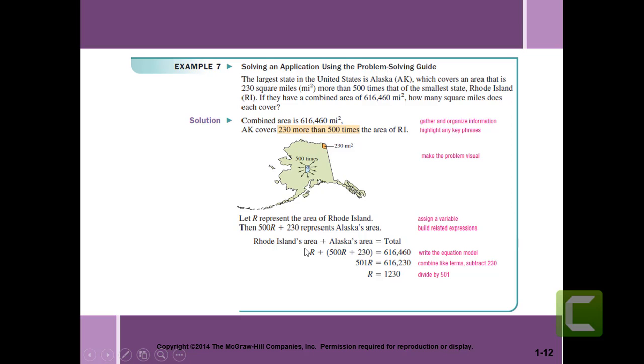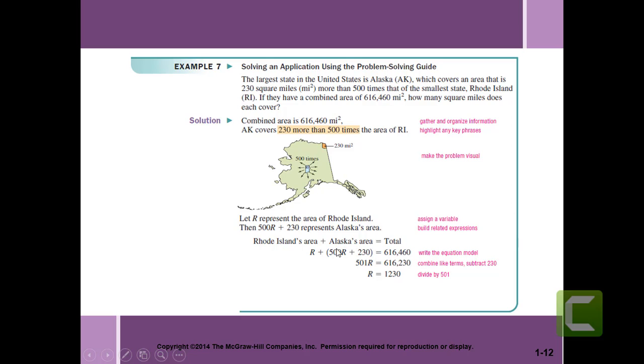Now all we have to do is plug in our values and variables. So the area of Rhode Island plus the area of Alaska, which is given by this formula that we just derived. So this plus this has to equal this.